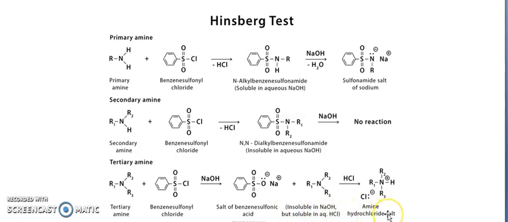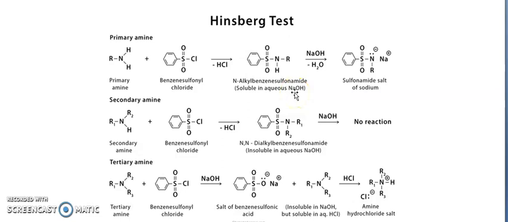Why? Because it forms the hydrochloride salt. Remember, tertiary amine does not react with benzene sulfonyl chloride and is also insoluble in NaOH. Secondary amine reacts with benzene sulfonyl chloride but is insoluble in aqueous NaOH. And primary amine reacts with benzene sulfonyl chloride and is soluble in aqueous NaOH solution.